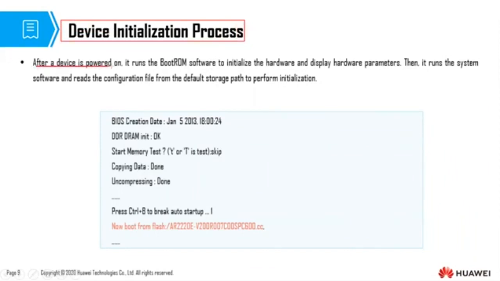After the device is powered on, it runs what we call the boot read-only memory software in order to initialize the hardware and to display the hardware parameters. Really, most of us have heard of the BIOS, and therefore the boot ROM software is the one that is loaded from the BIOS in order to start that particular device.